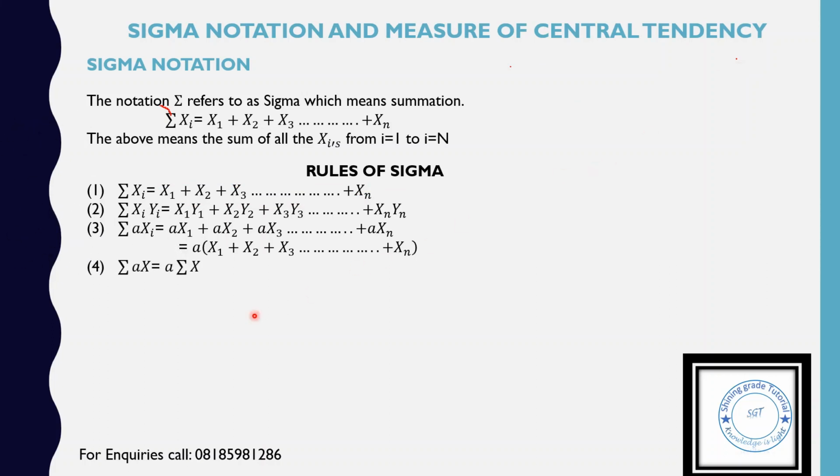Another rule is this: when we have the sigma notation of the bracket summation of ax plus by minus cz. But just know that x is a single value here, not a set of values, since it doesn't have any subscript.